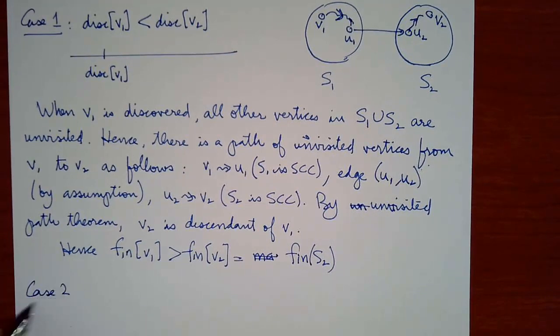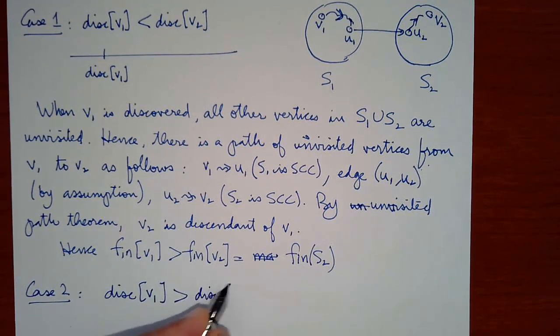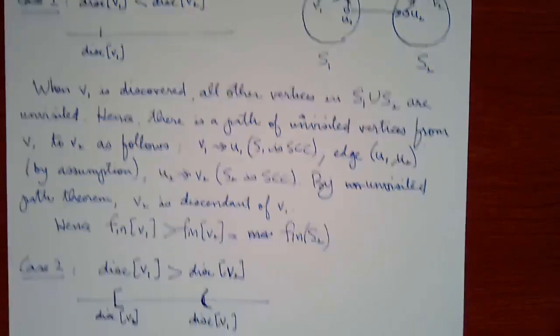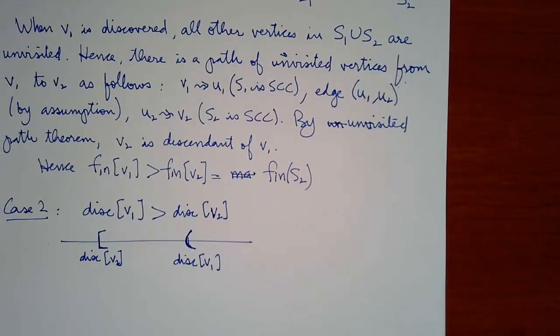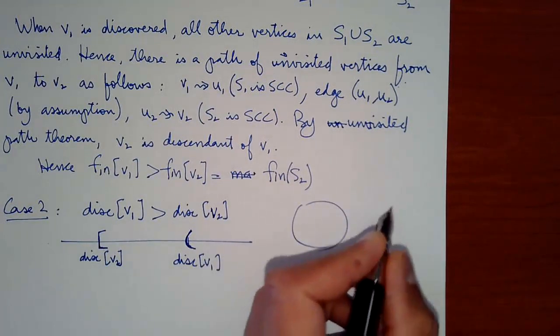So case 2 is where it gets interesting. Suppose the discovery of V1 was more than the discovery of V2. This is the discovery of V2, and this is the discovery of V1. And let me put my parentheses here. Okay, and let's draw this again.